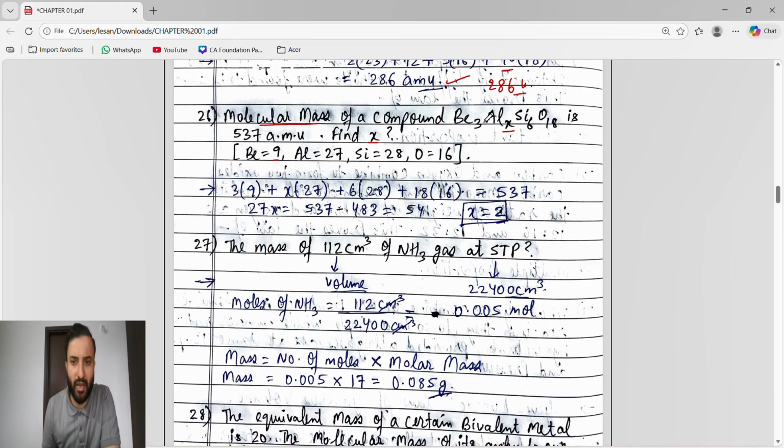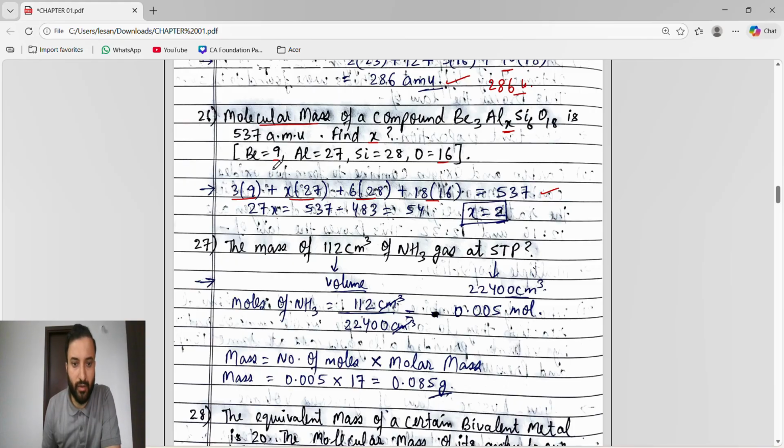Beryllium is 9 and there are 3 beryllium, so 3 into 9, plus aluminium is 27 and we have X aluminium, so X into 27. Then silicon is 28 and there are 6 silicon, so 6 into 28, plus oxygen, 18 atoms with atomic mass 16, so 18 into 16. The total molecular mass is 537. So 3 times 9 is 27.